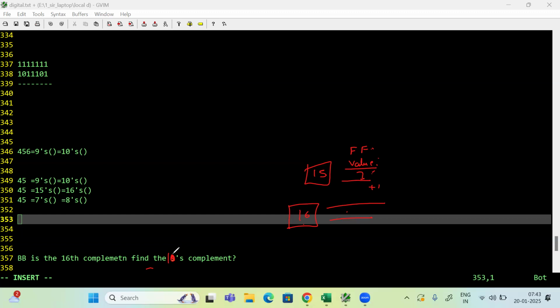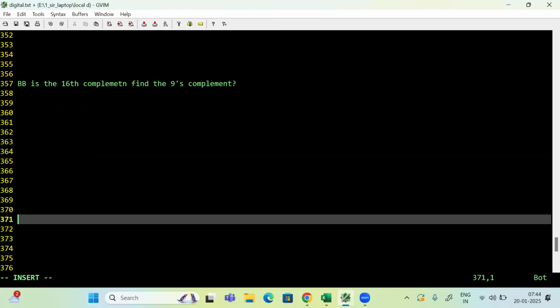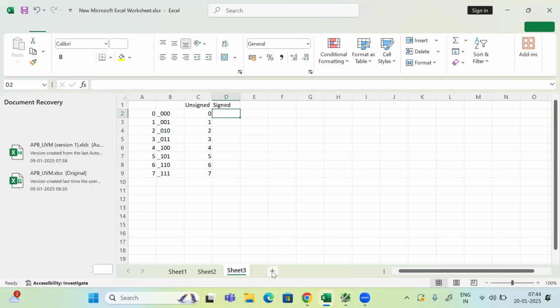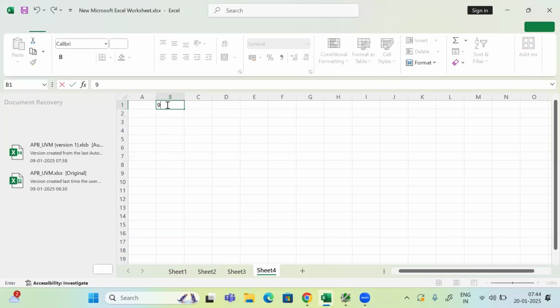Let me check if I can. Okay, last one more. We will give a try. First, we'll do the numerical. Better, I'll go with this one. 9s and 10s.